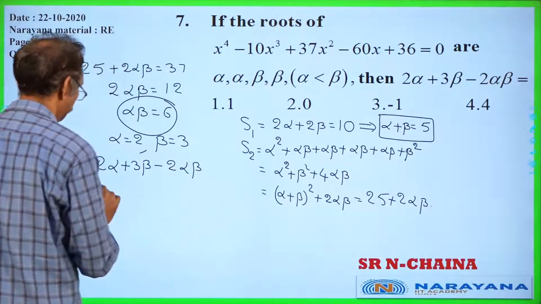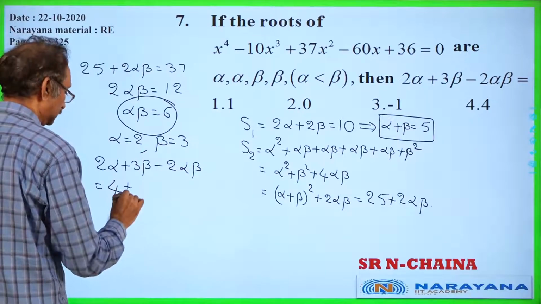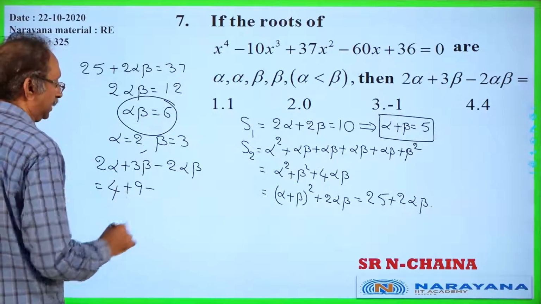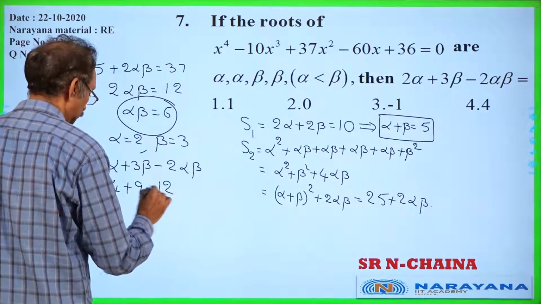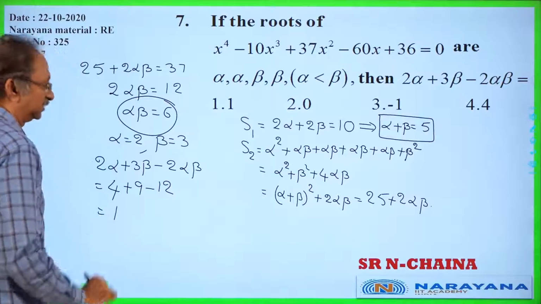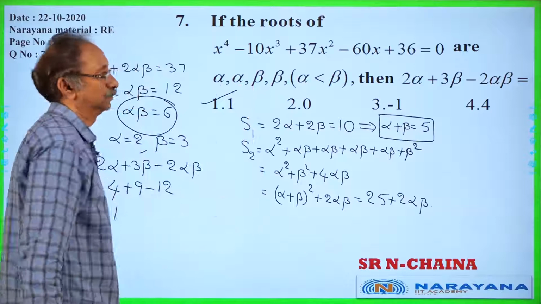So, 2 into 2 is 4 plus 3 into 3 is 9, minus alpha into beta 6, 6 into 2 is 12. So, 13 minus 12, that is 1, and therefore, the answer is 1.